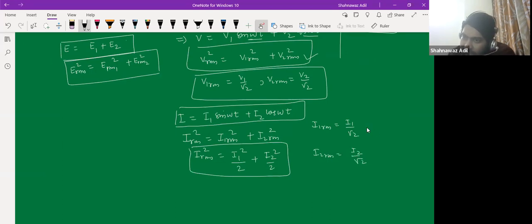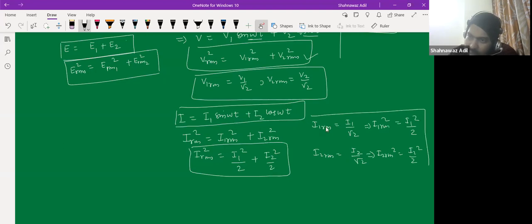So I1 RMS square is I1 square by 2, and I2 RMS square is I2 square by 2. If you put back these values here, the overall I RMS square is I1 square plus I2 square, by 2.